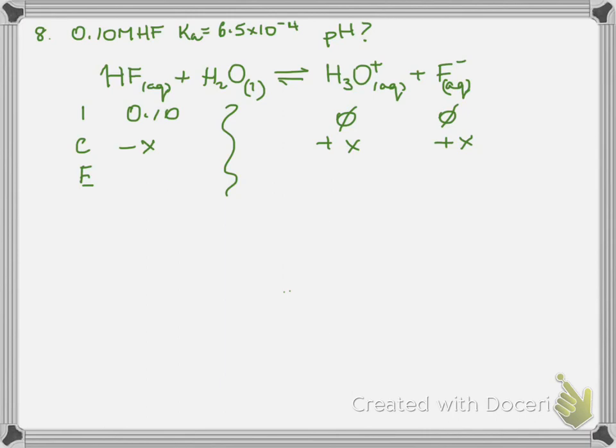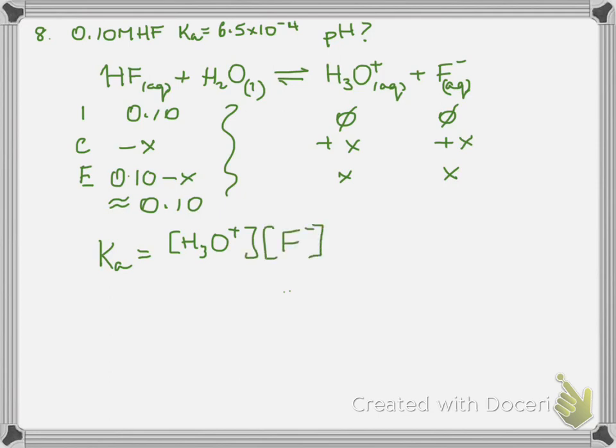The equilibrium concentration, therefore, for HF, the acid, is 0.10 minus X, and this will be X for the H3O plus and X for the F minus. Again, we're going to do the approximation, and say that x is so small that this will approximate to 0.1. Ka equals H3O plus times F minus divided by HF.